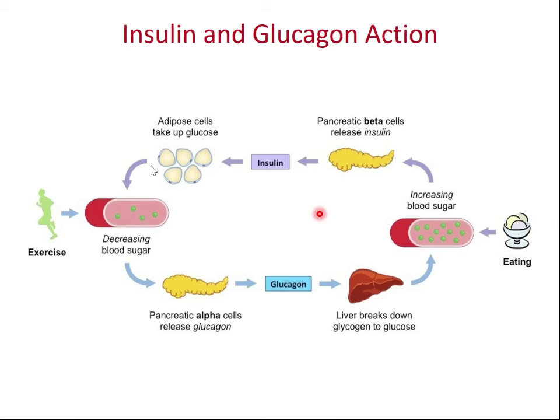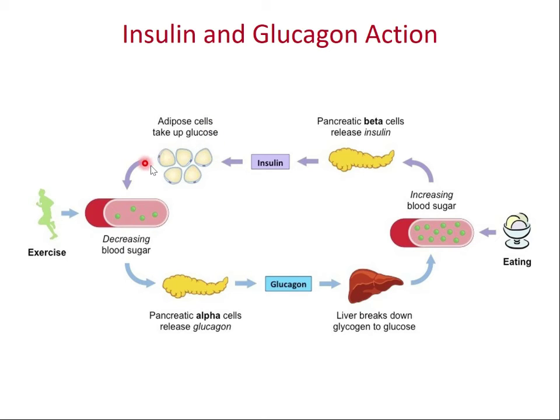So let's look at how they function here. When we eat a meal, it increases the blood sugar level in the bloodstream because it's been absorbed by the gut, and that will stimulate the beta cells in the pancreas to release insulin. This insulin will then help take this excess glucose and store it as glycogen or even in fat cells.